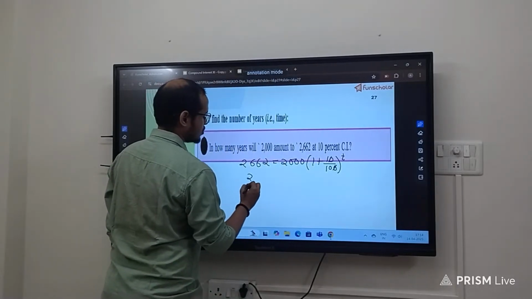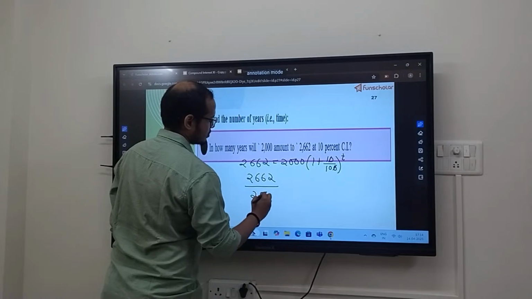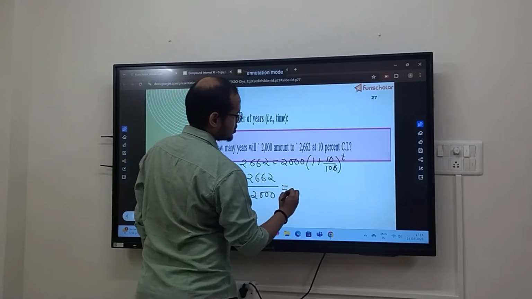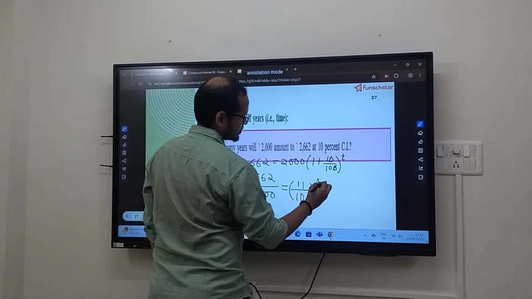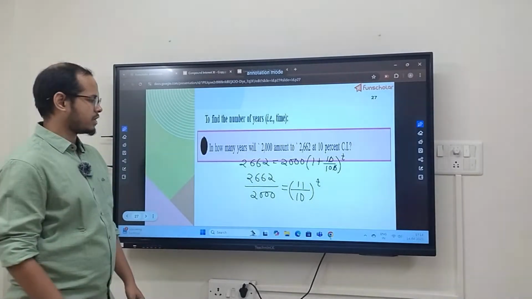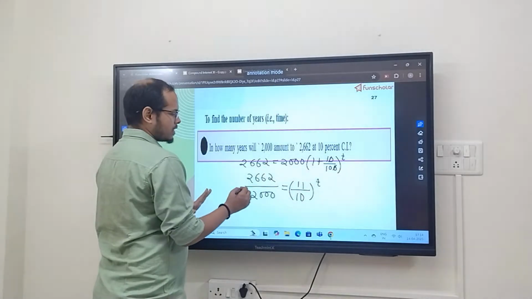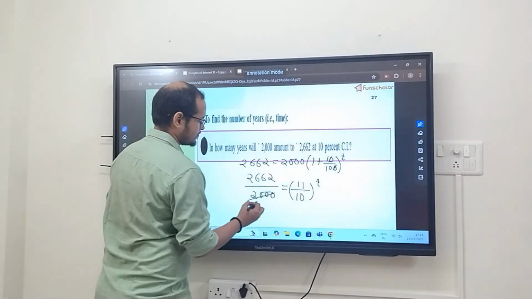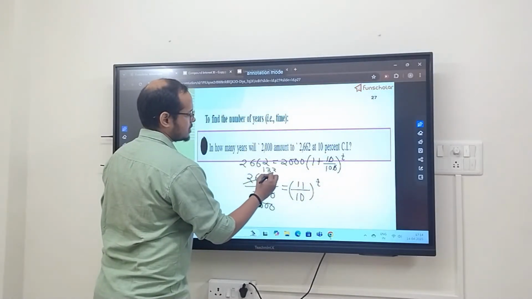So 2662 by 2000 is equal to... okay. Now let's try to match the power, whatever power is given. So we can see both of them can be divided by 2. 1000, this is 1331.